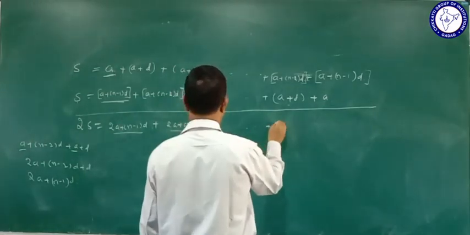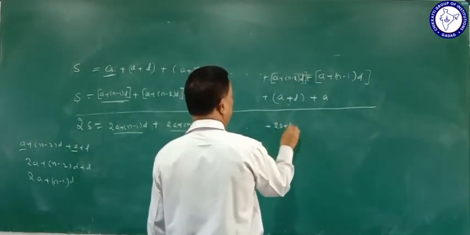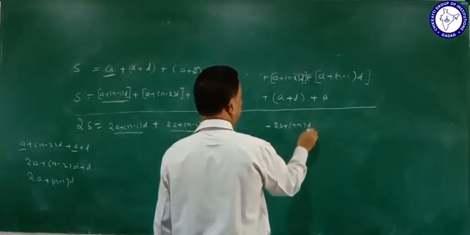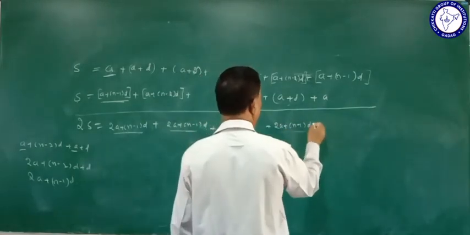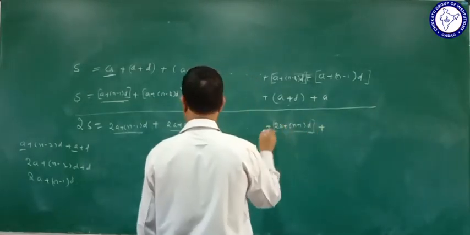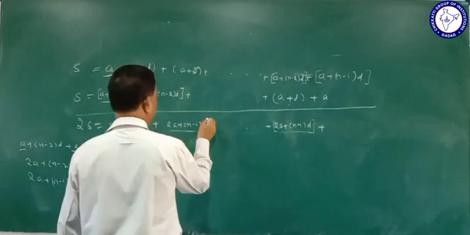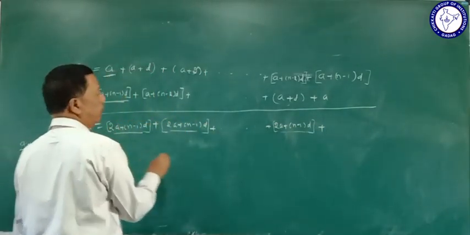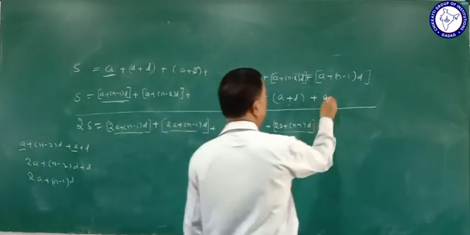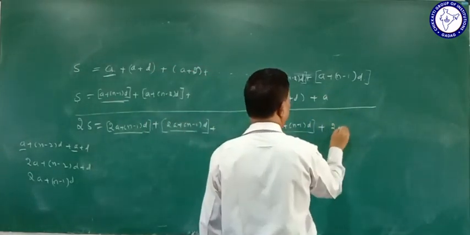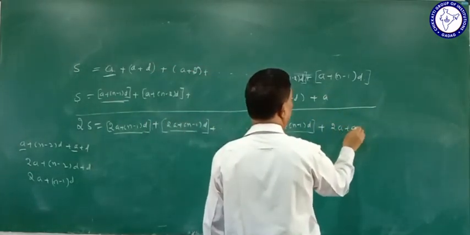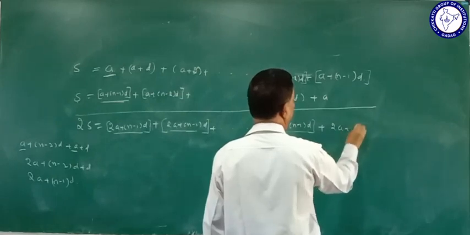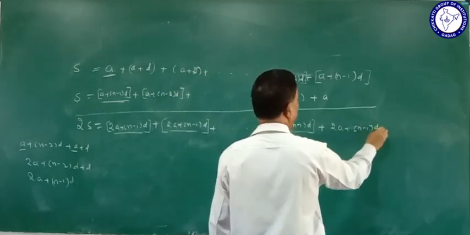Here also you have got 2A plus n minus 1 into D, and this is one term.